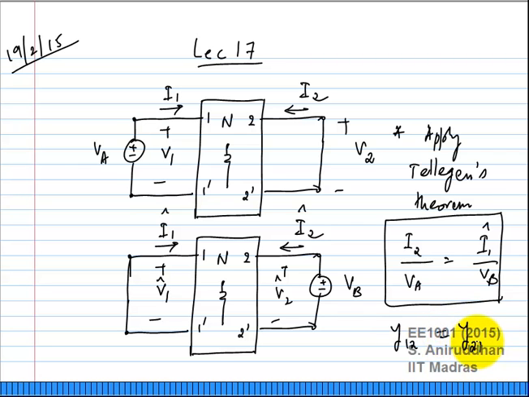If you do the case for the G parameters and H parameters, you will get other relationships between the 2-1 and 1-2 parameters. But we are specifically interested in this particular result. So let us go back to the problem that we were trying to solve.